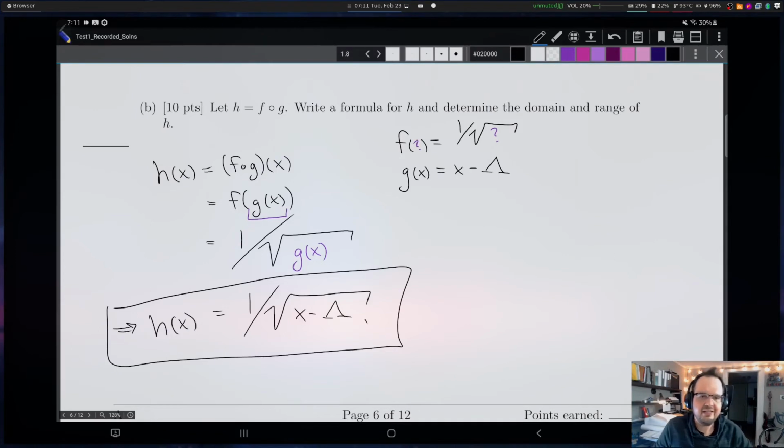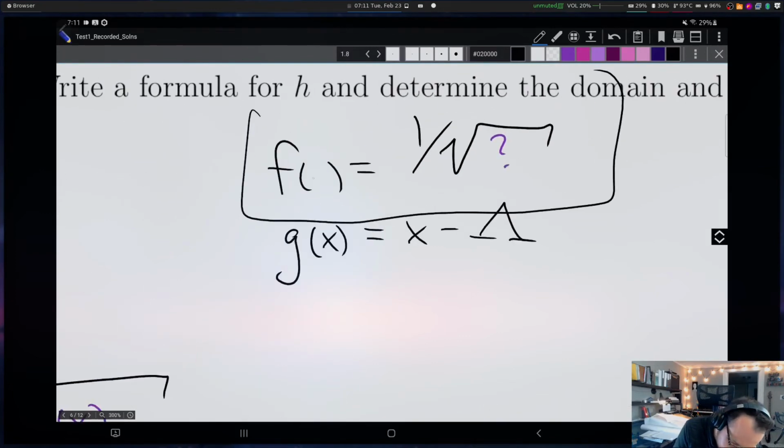Well, so what's happening here, maybe a shortcut way to see it, you could run through the same process of reasoning about what are the problematic points, what do I need to throw out, that kind of thing. The whole point is that this is just one of these graph transformations, so we don't have to redo the work at all. We're just seeing that this is a shift of the original function f, right? If we just go back here, this was f of x.